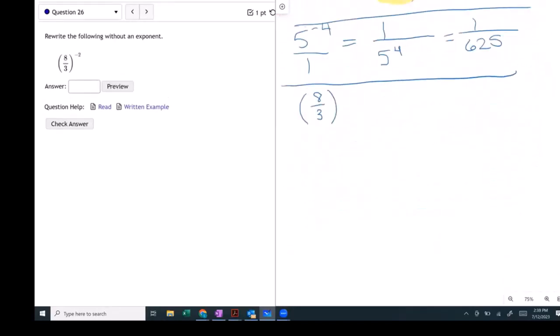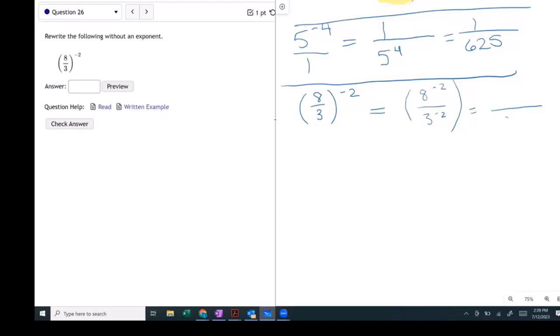8 over 3 to the -2 power. And as you said, the -2 is only close to the parentheses. So there's 2 ways we can do this. I'll show you both ways. One of them is I can say this is 8 to the -2 divided by 3 to the -2, which would be the same as, well, 8 to the -2, that's going to go where?